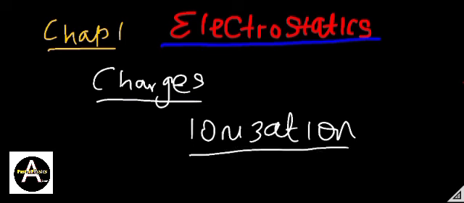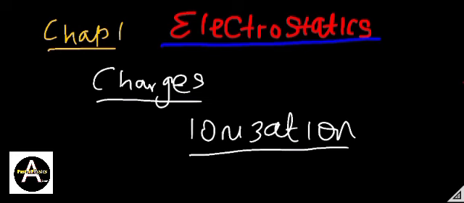When a material loses electron, it becomes positively charged. You can write that down. And when it gains electron, it becomes negatively charged. So the process of losing or gaining electron to become charged, either positively charged or negatively charged, at least the material is charged, is called ionization.